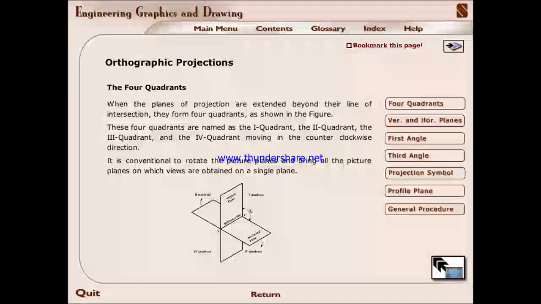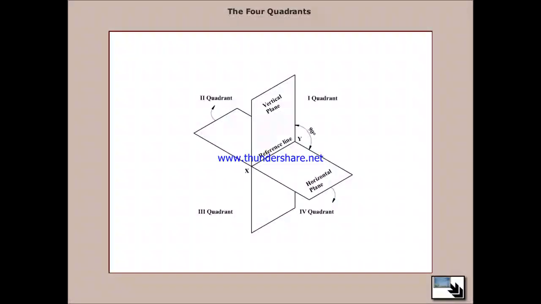It is conventional to rotate the picture planes and bring all picture planes on which views are obtained onto a single plane. Let us consider the four quadrants. In this, the x axis and y axis form, with the reference line, the vertical plane and the horizontal plane.